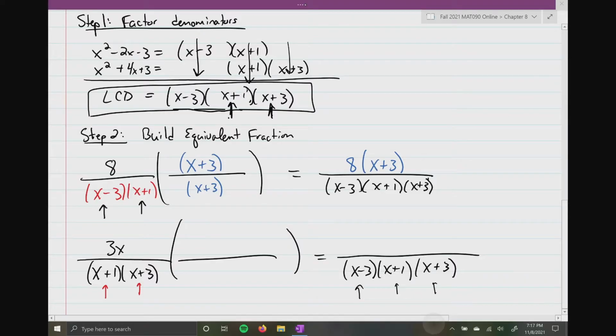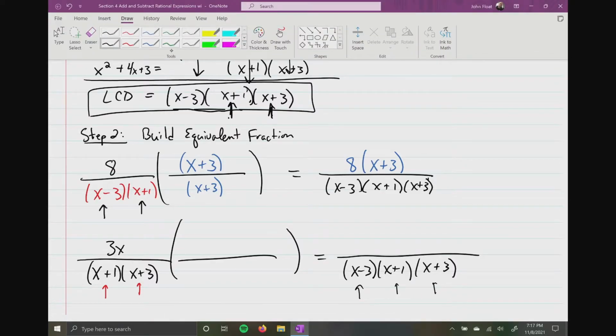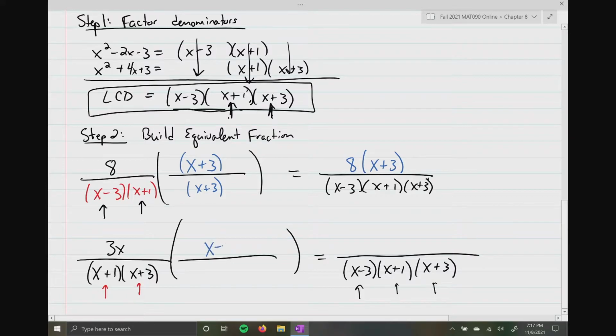So, in blue, I'm going to write x minus 3 in parentheses over x minus 3. That's going to give me 3x times the quantity x minus 3 as my numerator. All right, so now we got our two equivalent fractions, which is what we needed.